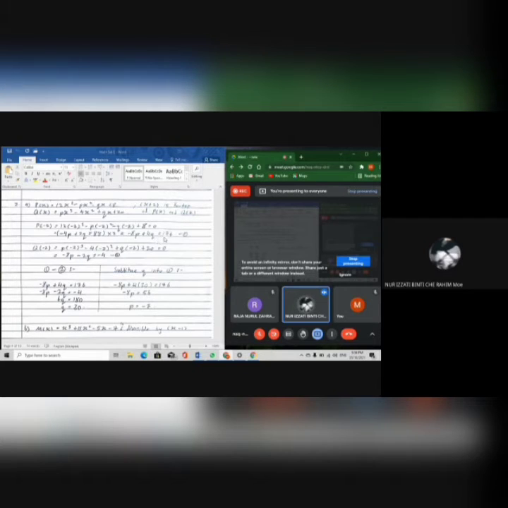So you get equation number 1. And then you substitute x equals negative 2 into Q(x). So you will get negative 8p minus 2q equal to negative 4, which is equation number 2.